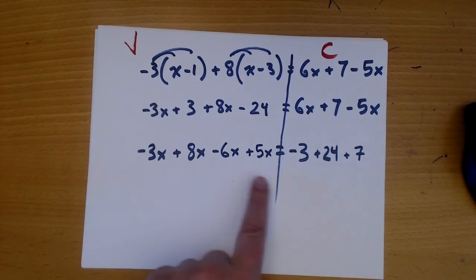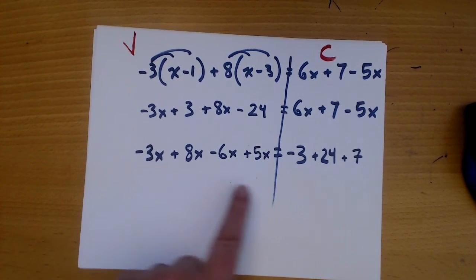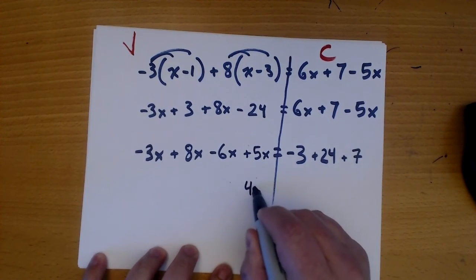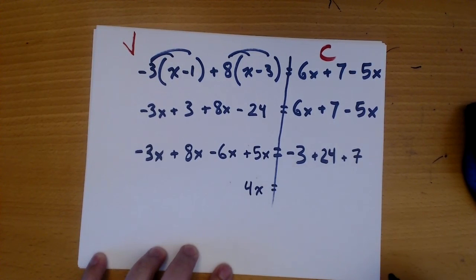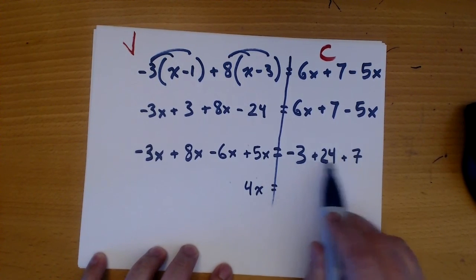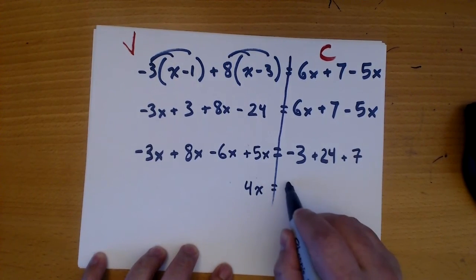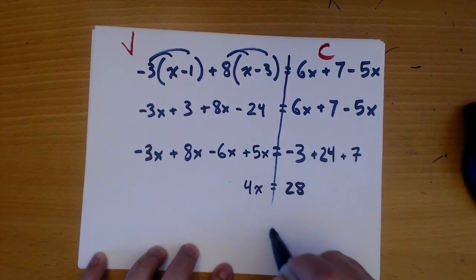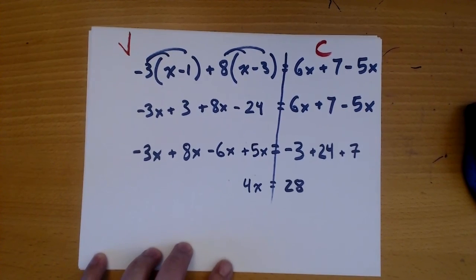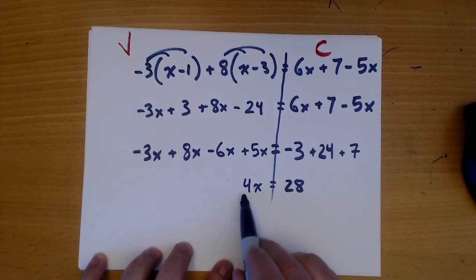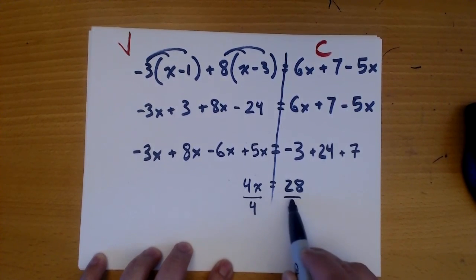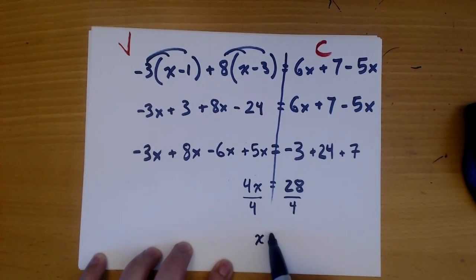So when we combine all of these, we wind up with 4x. And now when we combine all of these, we get 28. And finally, our last step is to get the x alone. So we divide. And we're done.